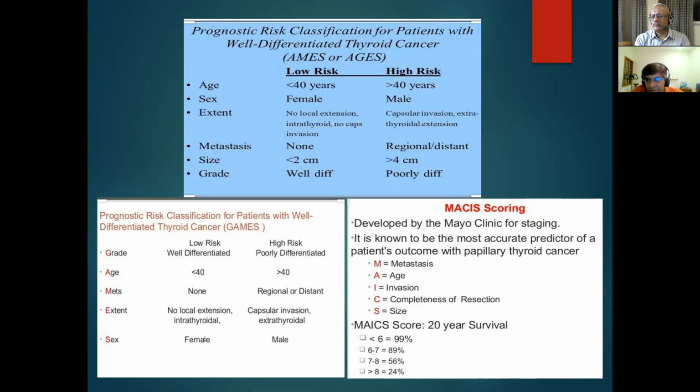Anybody else? If you don't know the answer, Ravi, you want to give the answer? I think it is still a very difficult thing. You need an extremely skilled pathologist to interpret it, because of the limitation of the procedure itself, because it uses a cryostat, and because you need to look at capsular and vascular invasion, which may not be very obvious on frozen section.